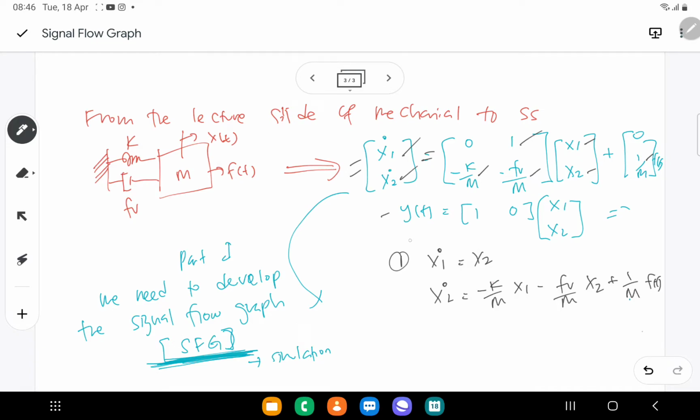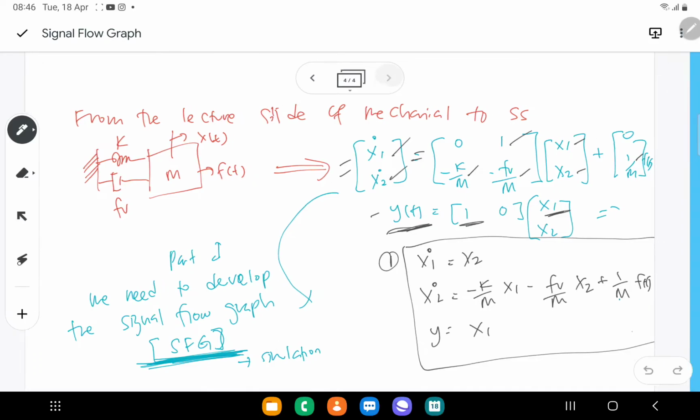Okay, and then our output here is only x1, right? So y equal to x1. Okay, so we have the important information in here.